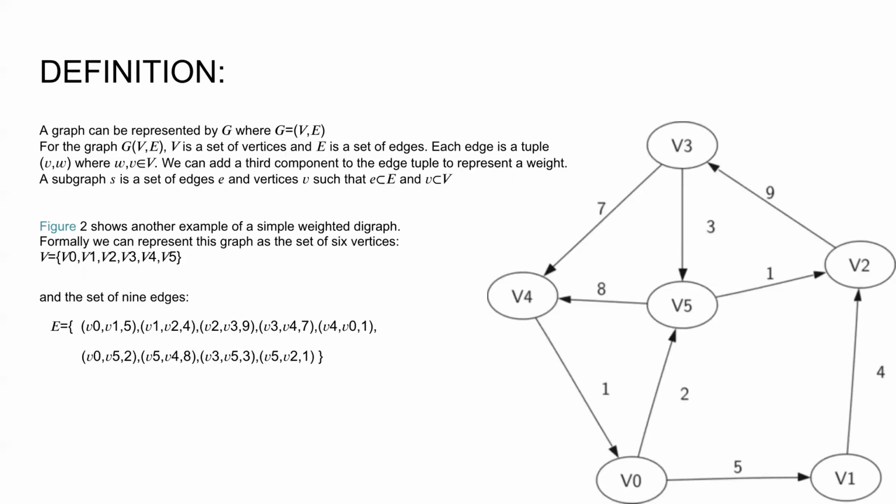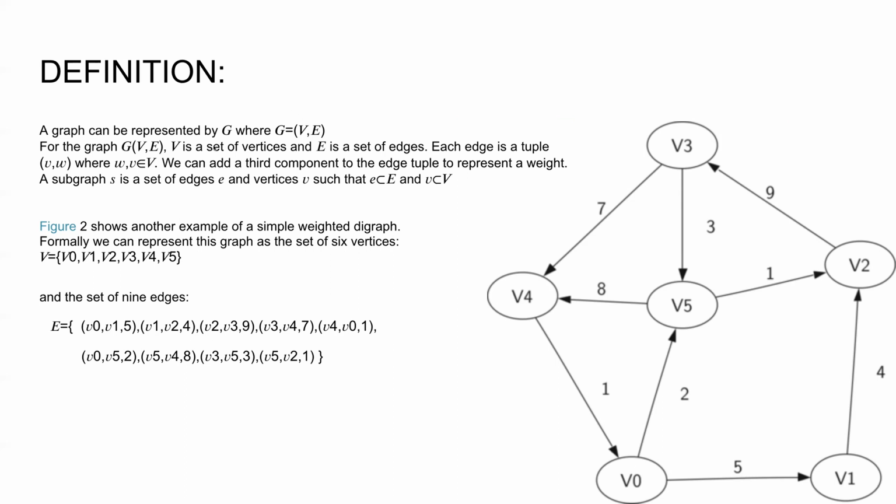Okay, so here's some formal definition of a graph. So the graph is actually a collection of vertices and edges. V is a set of vertices, and E is a set of edges. Each edge is a tuple (v, w), where v and w belong to the vertex set. We can also add a weight to the edge tuple to represent the weight.